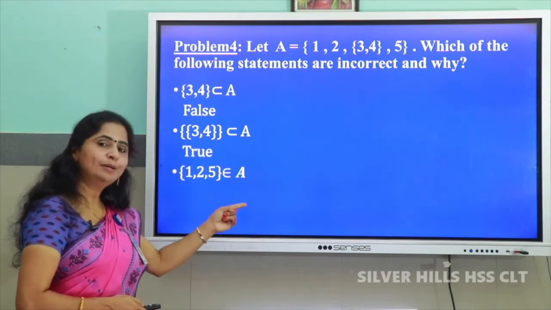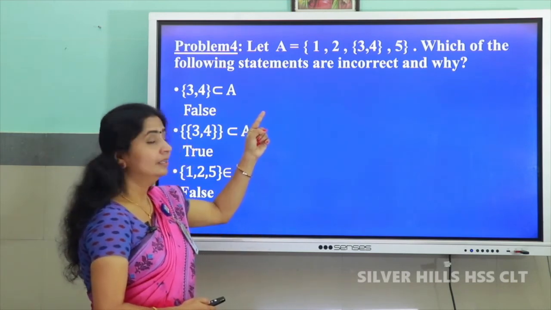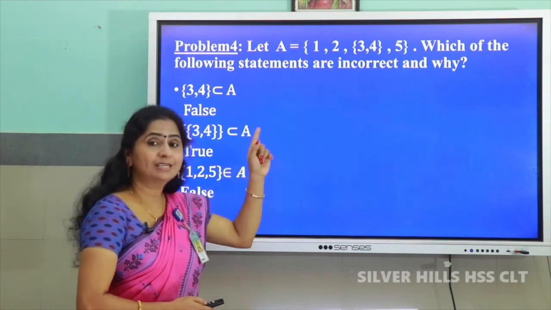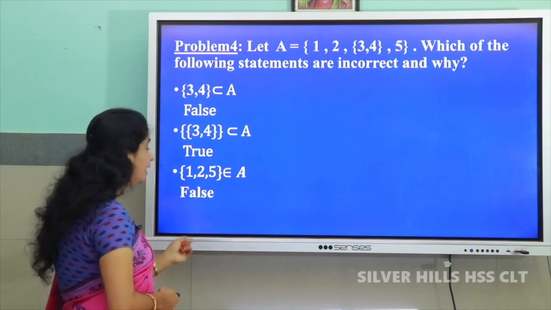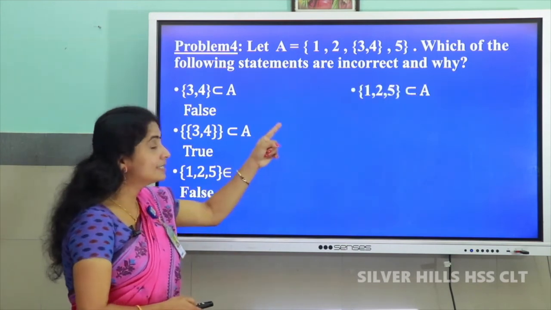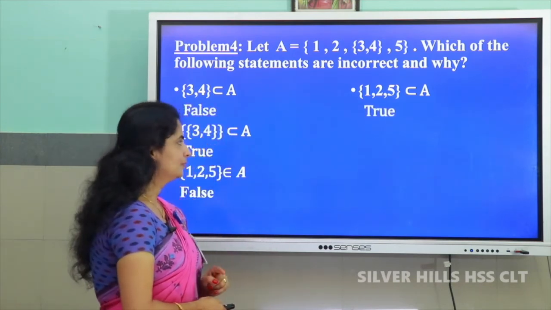{1, 2, 5} belongs to A. You know that {1, 2, 5} is a subset of A. There is no 1, 2, 5 set coming together. So we can say that {1, 2, 5} belonging to A is false, and {1, 2, 5} is a subset of A is true. That is true.